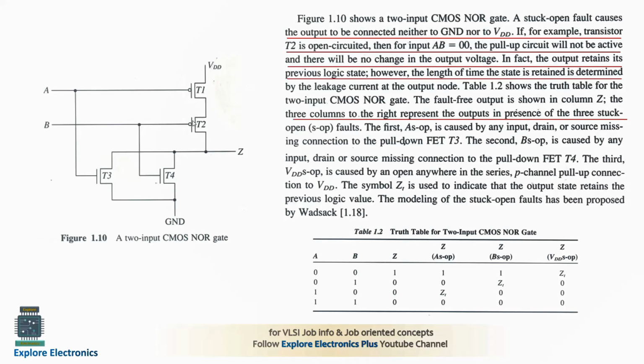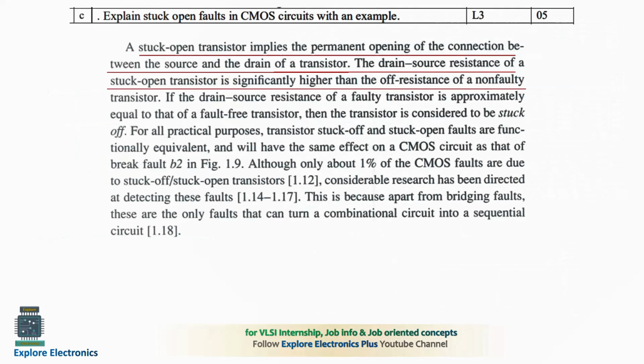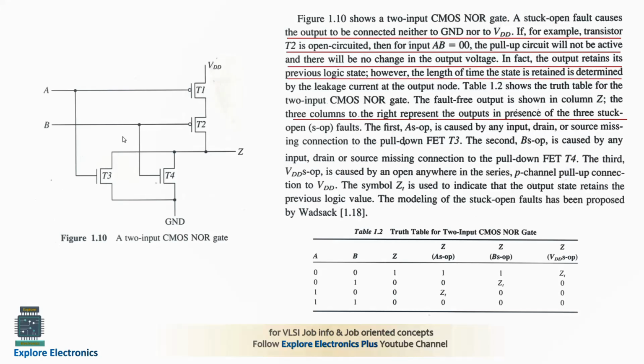Why? Because T2 is broken, T1 is on, T2 will not be on. So that is where the problem occurs over here. And in fact the output remains at the previous logic state. If the previous logic state is 0, 0 will be the state. It will not have any path to charge. That is how we need to explain stuck open faults by taking an example of this kind.